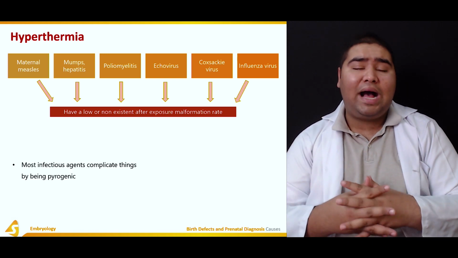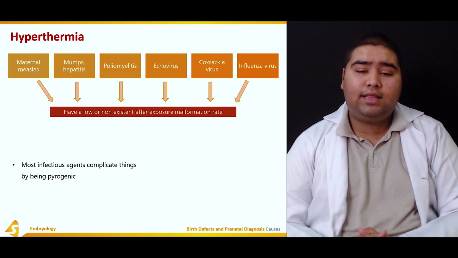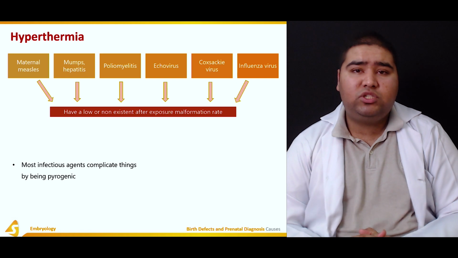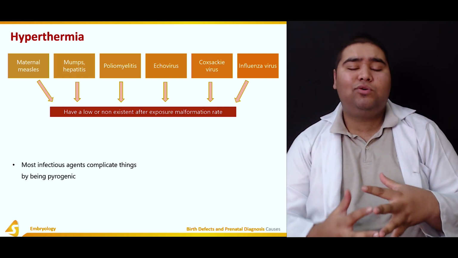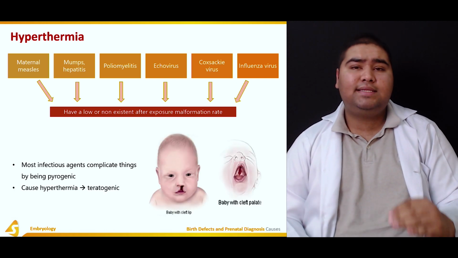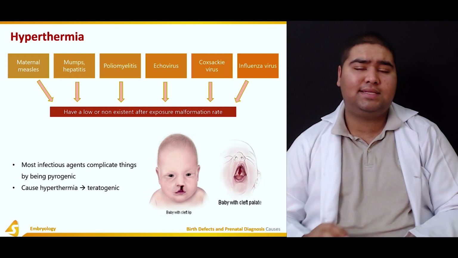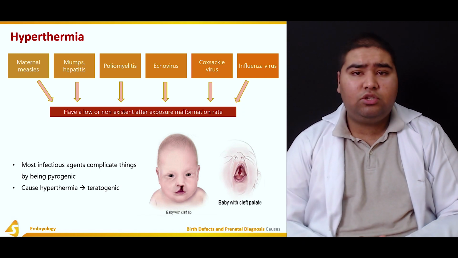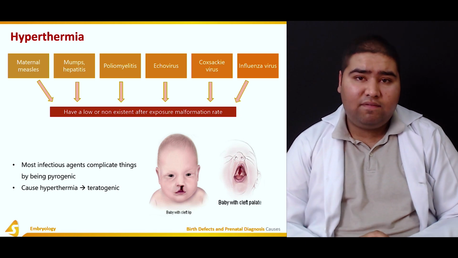So how do they cause teratogenesis? They complicate things by being pyrogenic. Pyro comes from heat, so they generate heat, as a result of which the core temperature of the fetus increases. When the core temperature of the fetus increases, it may cause birth defects.